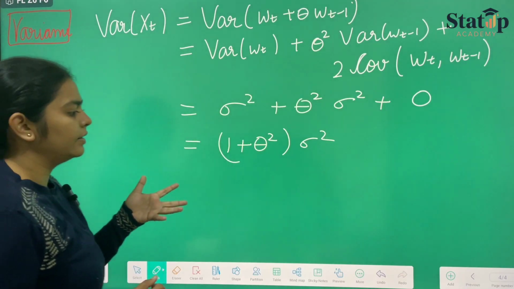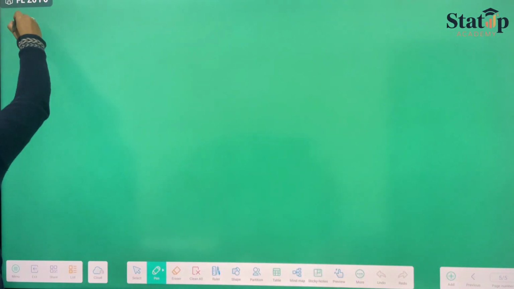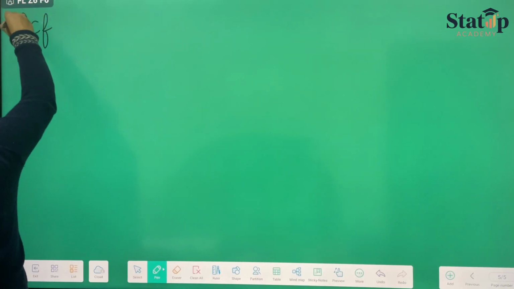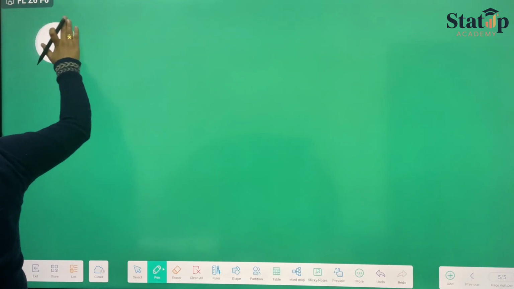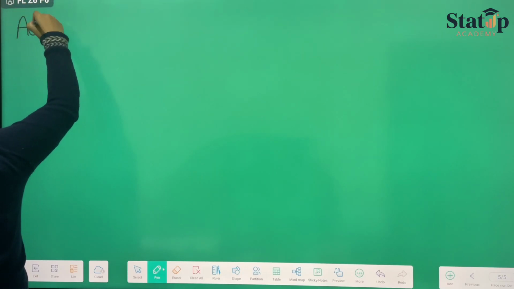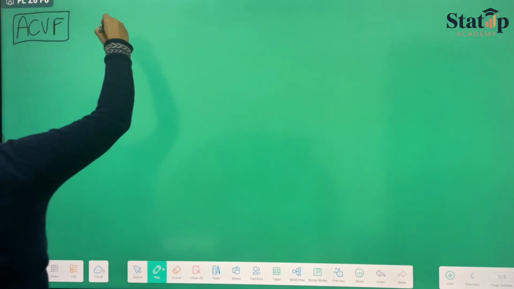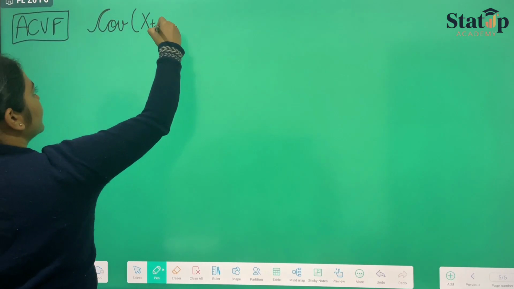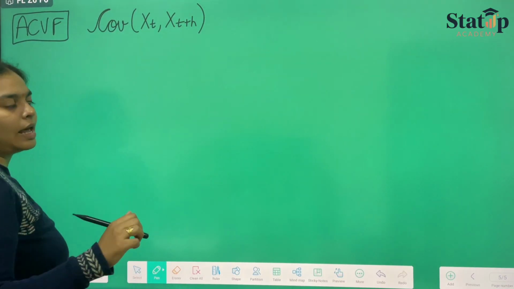Now we have to find the autocovariance function. For autocovariance function, I am writing ACVF, autocovariance function. Now for autocovariance function, we have to find the covariance between xt and xt plus h, where h is nothing but the lag value.